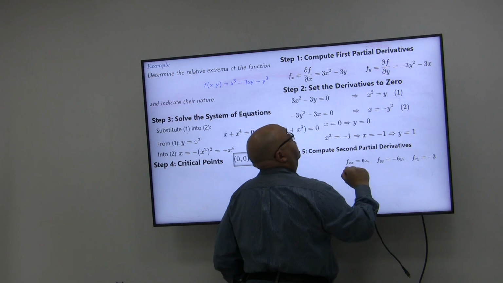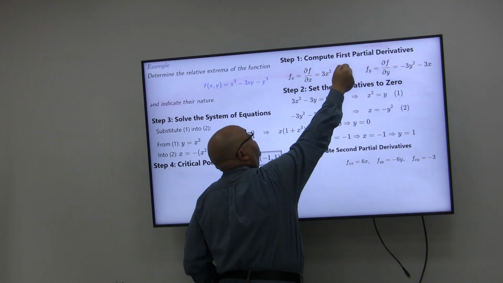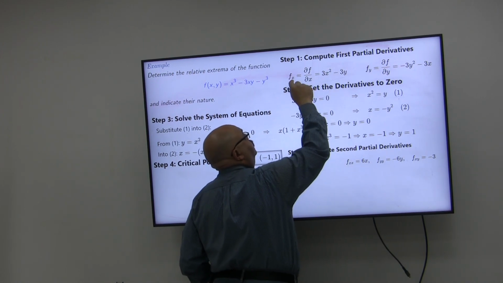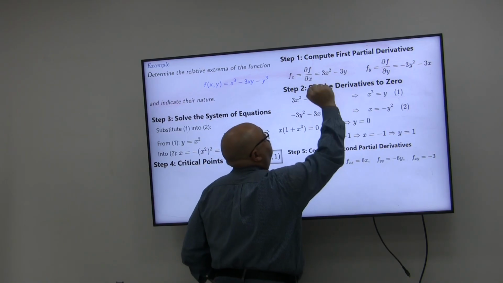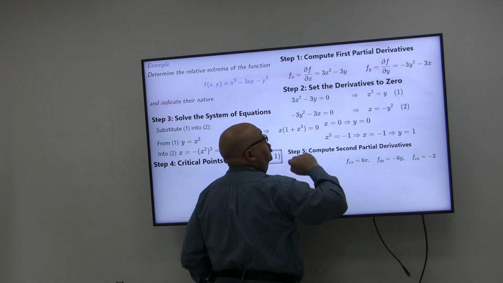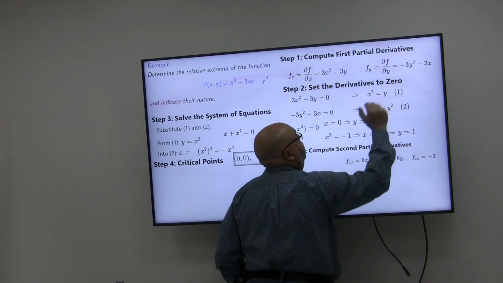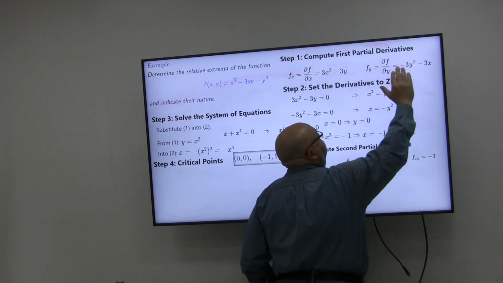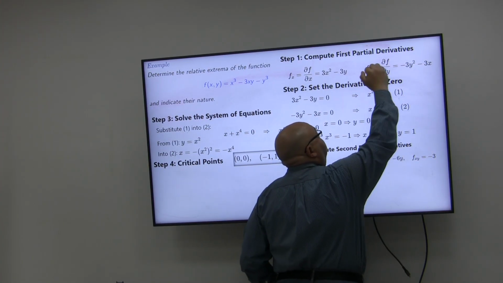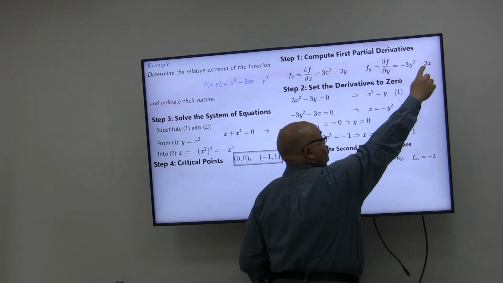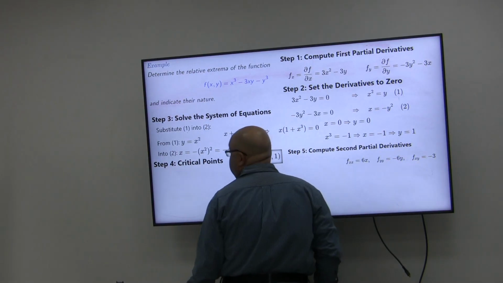Then I will need to get a mixed derivative, which means this is the first derivative with respect to x. I will differentiate with respect to y, which is going to be negative 3. Or vice versa. For the other one, this was differentiated with respect to y. Let's differentiate it with respect to x. Also, it will deliver negative 3, as you can see.